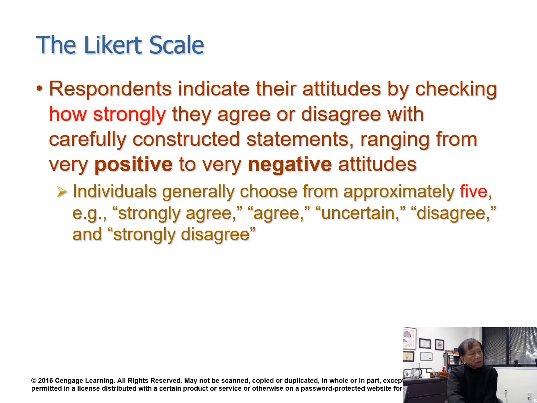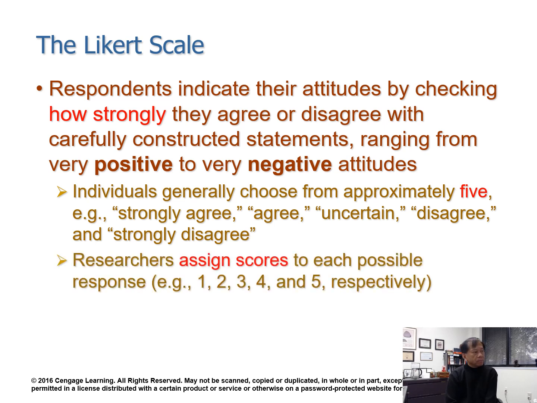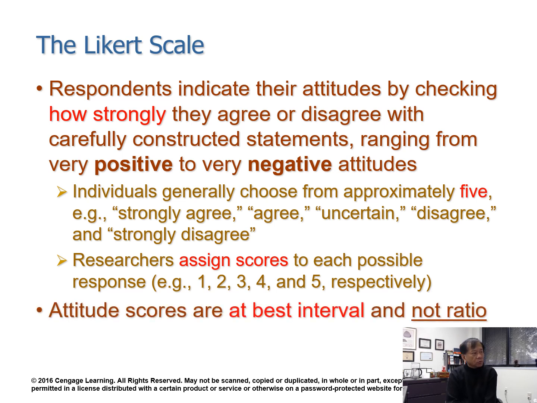For example, strongly agree, agree, uncertain, disagree, strongly disagree. That's five items. You can add seven. You can assign scores to each response, one to five respectively, and you can calculate the scores. Attitude scores are at best interval and not ratio.